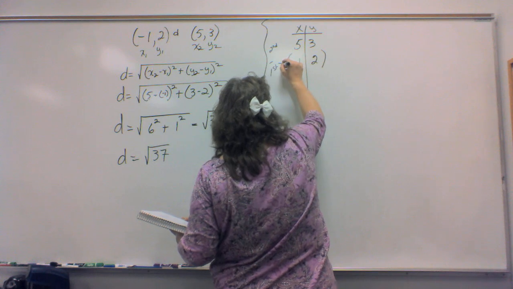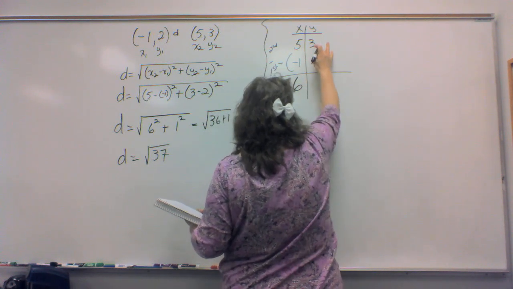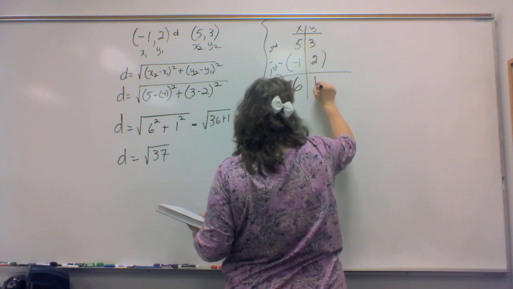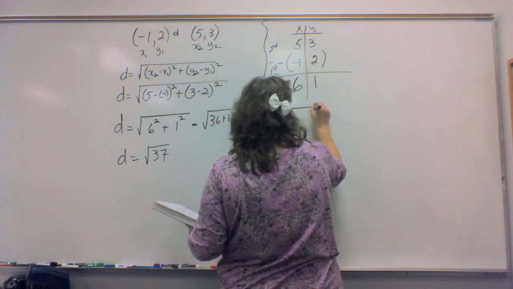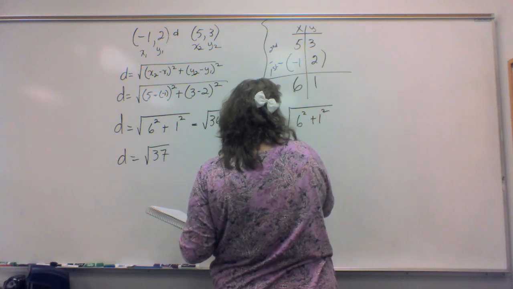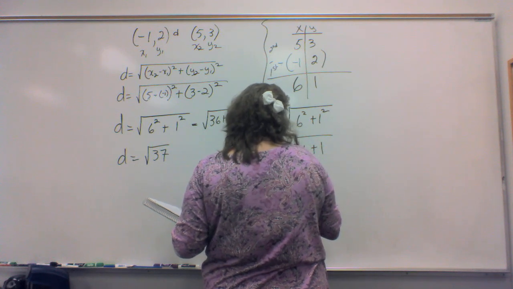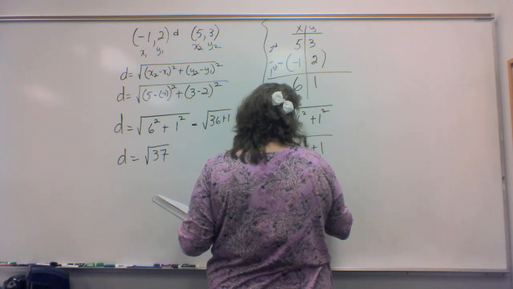So 5 minus -1 is the same as 5 plus 1, which is 6. 3 minus 2 is 1. So this is going to be the square root of 6 squared plus 1 squared, which is the square root of 36 plus 1 equals the square root of 37.